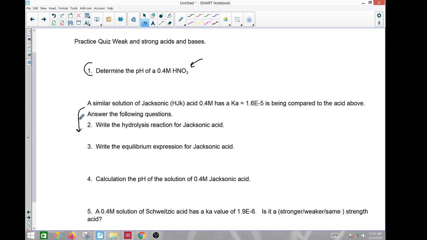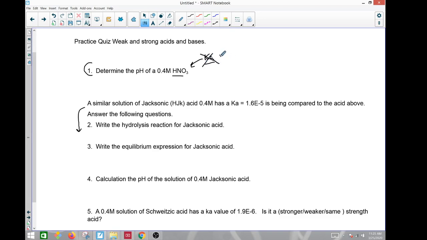What happens in class is a kid will come up to me very panicked saying, "Oh, Mr. Schweitzer, I need the Ka for this particular acid. You didn't provide it for us." And I would say, "Okay, it doesn't have a Ka," because strong acids are so strong, their Kas are so big. Essentially, we go to completion, and we treat them just like stoichiometry.